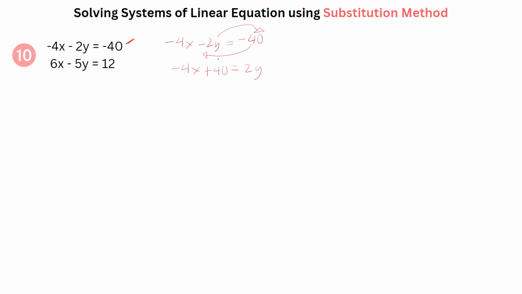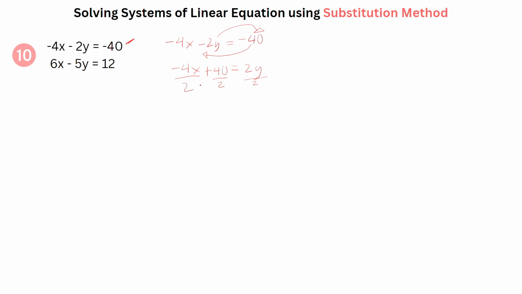Again, why did we do that? Because our goal is to separate the variable y this time. But is the y already completely separated? Not yet, because we still have the coefficient of 2. So how do we cancel the 2? We have to divide this by 2, and then if we do that on the right side, we also have to do that on the left side here.